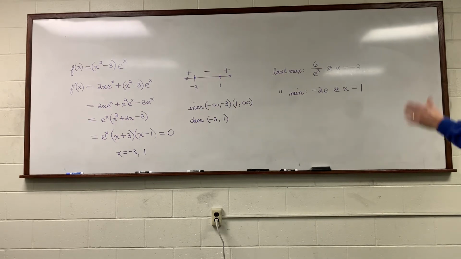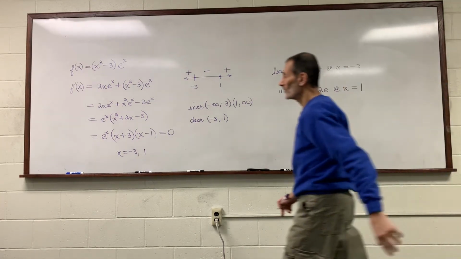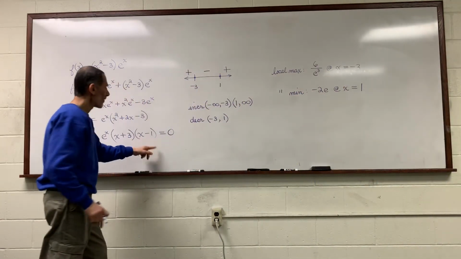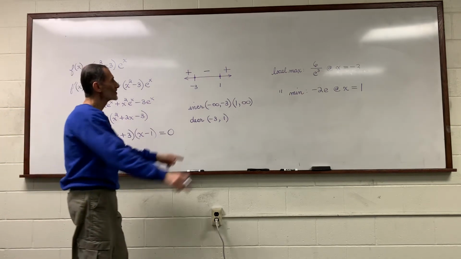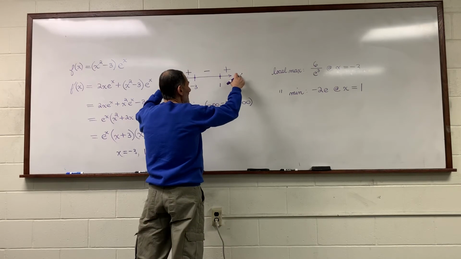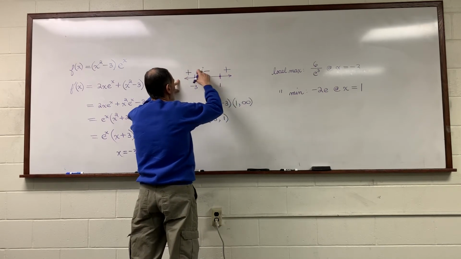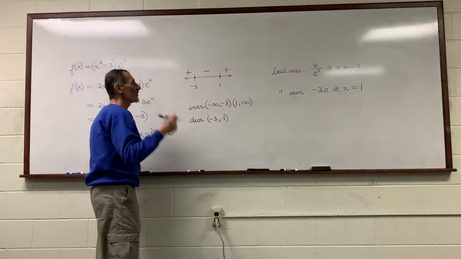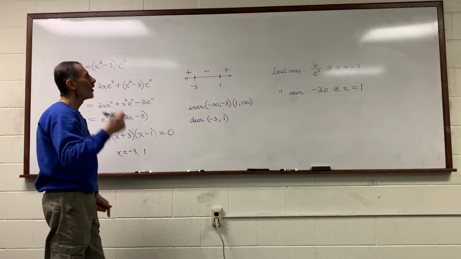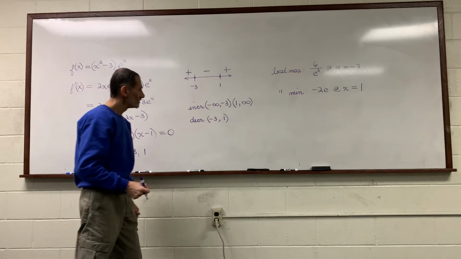Again, our steps. Take the derivative. Get the derivative into a fully factored form, set it equal to 0, find the critical numbers. Use the critical numbers to divide the domain into intervals. Test one number in each interval to determine whether the derivative is positive or negative in that interval.